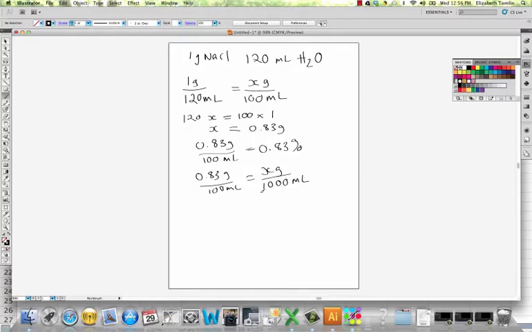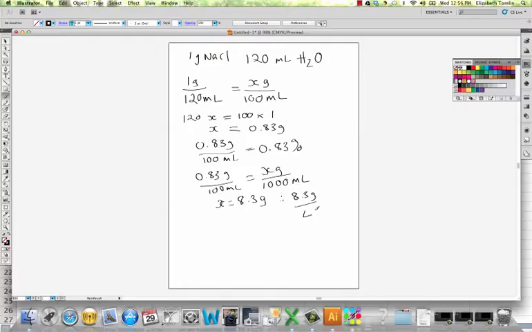And when we cross multiply and solve for X, we end up with X equals 8.3 grams. So our new concentration, or it's the same concentration but just expressing it in different units, is therefore 8.3 grams per liter. So that answers part A of the question.